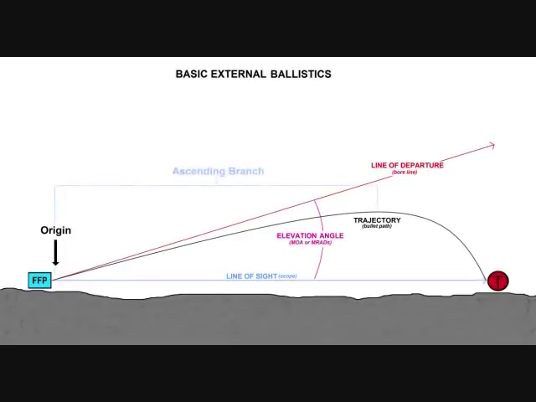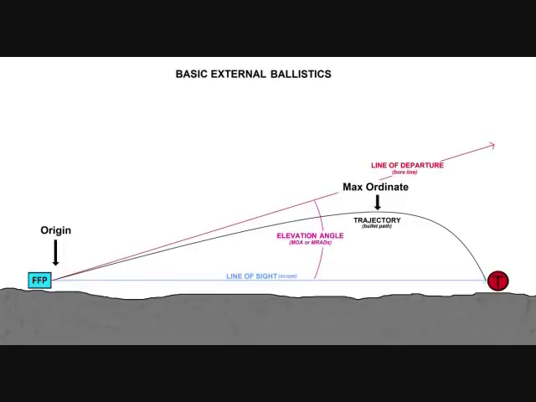That's the ascending branch. That whole portion, anytime your bullet is getting farther away from the earth, that's the ascending branch. When it reaches the summit or the top of that, that's what we're going to refer to as the maximum ordinate, or the max ordinate. That's the highest point in your trajectory.